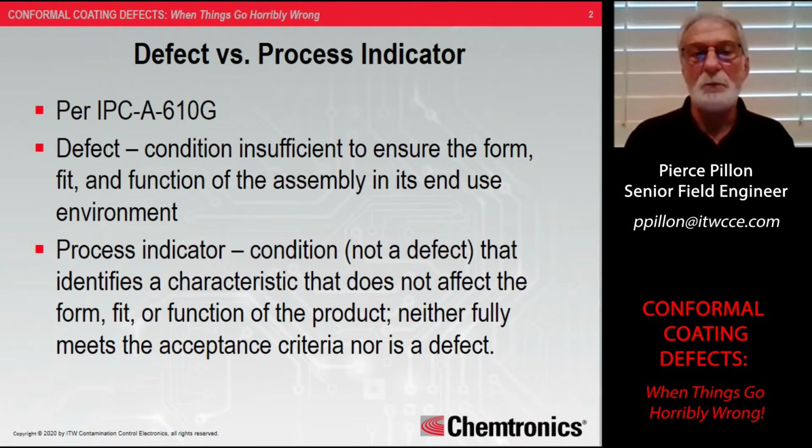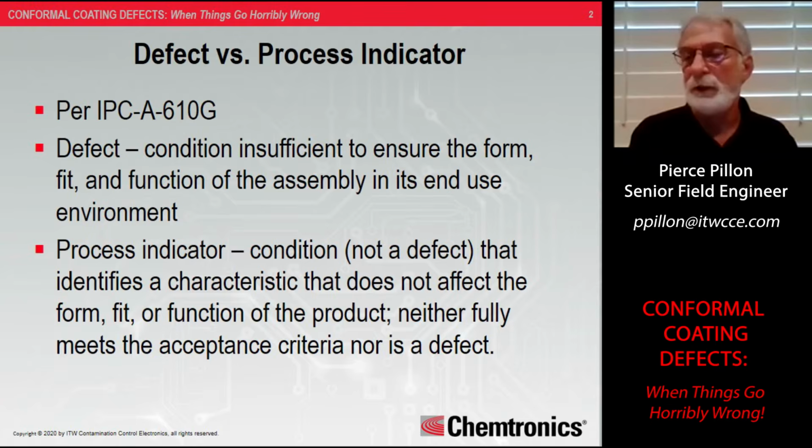Let's just say bubbles and voids are considered conditions that may be a defect, okay? In one area of the board, then that might meet your criteria of a defect. But let's say you have a bubble or a void over on a totally empty, non-populated section of the board. Is it a bubble or a void?